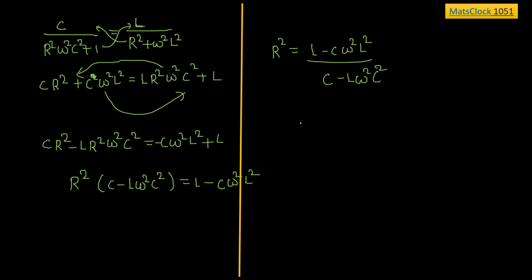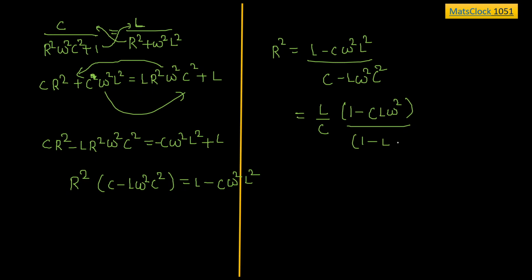Yes, sir. So now from here you can take L outside in the numerator, and in the denominator you can take one C outside. It will become 1 minus C L omega square. Here, if you take C, already the 1 minus L C omega square. Am I right?